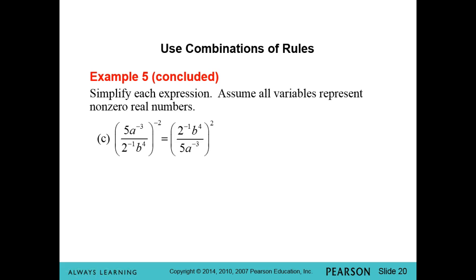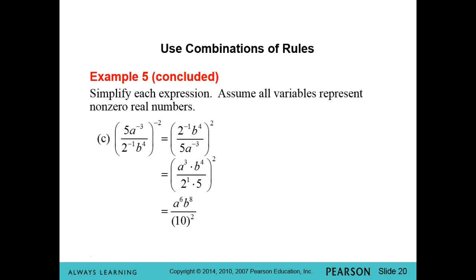All right, they did exactly like Greg Joy said. They just flipped the inside and dropped the minus sign on the 2. Okay? And then they did exactly what he said again. They brought the a to the minus 3 upstairs, left the b to the 4th up there. They kept the 5 downstairs and moved the 2 to the 1st downstairs. They rearranged the order, but that didn't matter. And then they did as I suggested.